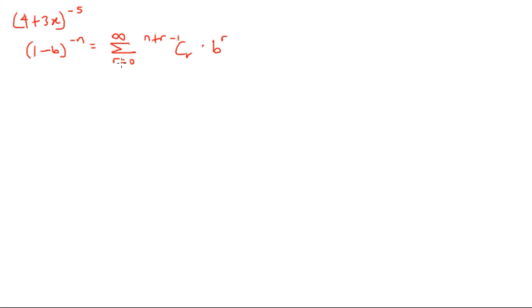Okay, so one of the things I need to do now is to make sure that the given question looks like 1 minus b. So how do we normally do that? We factorize 4, this particular one, without x. We factorize it out of the binomial so that we have 1 plus 3x over 4 raised to power minus 5, and according to the law of indices they will both share the powers.